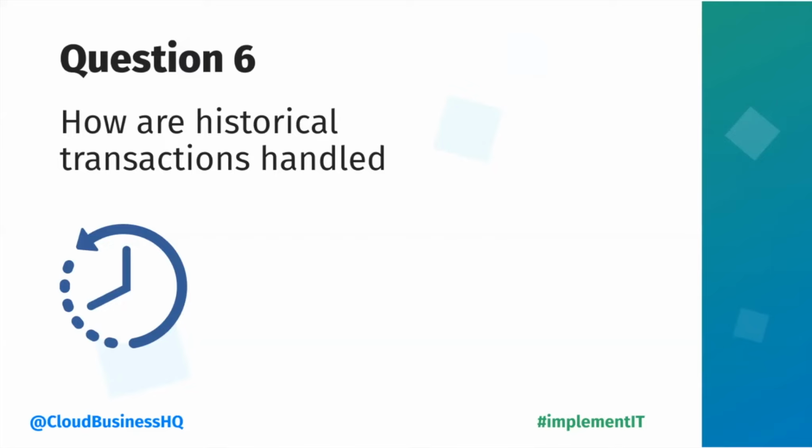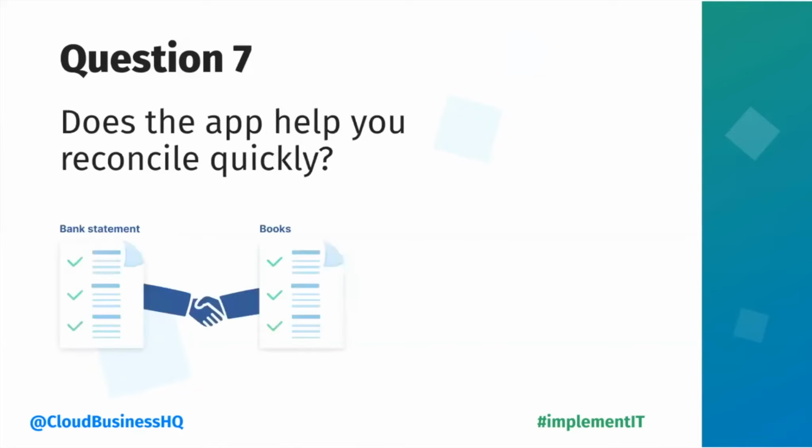So it's really important to have full control over your historical transactions in the app. Especially if you're managing different clients, the need to import historical data can be very different.